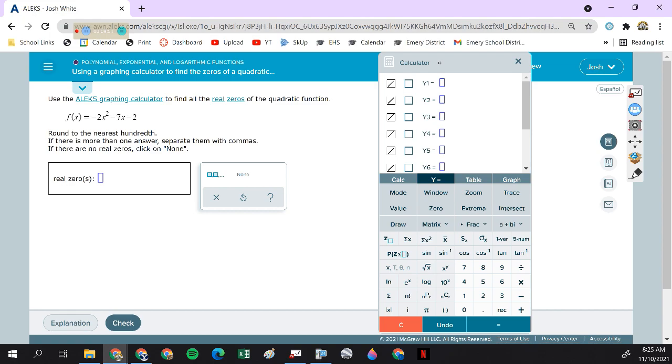All right, y equals. So, negative 2x, where's the squared button? No, that's summation. Right here. To the second minus 7x minus 2.